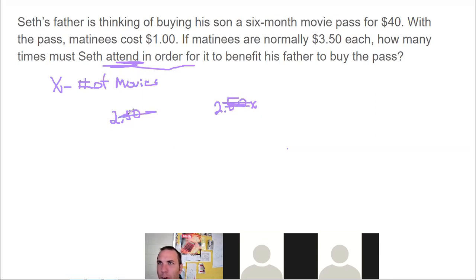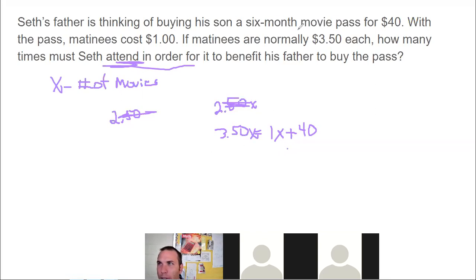Oh, no, we don't need to do that at all. It would just be $1 times the number of movies. So 1x, and plus $40. So this is the total, is equal to $3.50 times the number of movies.